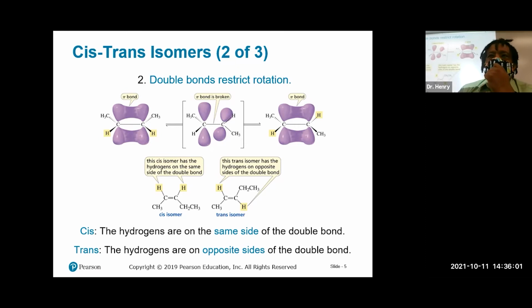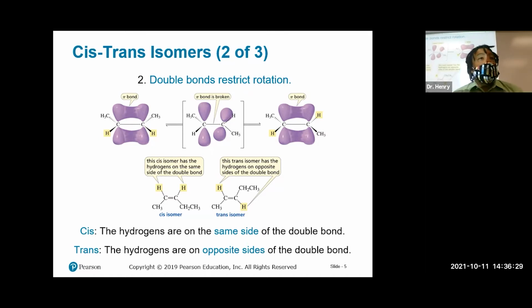Trans just means opposite sides, not the same side. If you flip one up, or flip it over, it's the same. Only now one is coming out, one is going in. So it doesn't matter. You see?